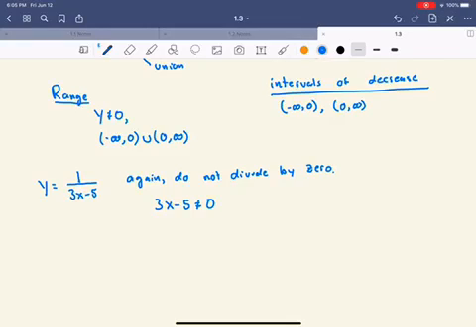Solving for x, 3x is not allowed to equal 5. X is not allowed to equal 5/3. So our domain here is negative infinity to 5/3, parentheses, meaning that we throw out the 5/3, and then from 5/3 to infinity.